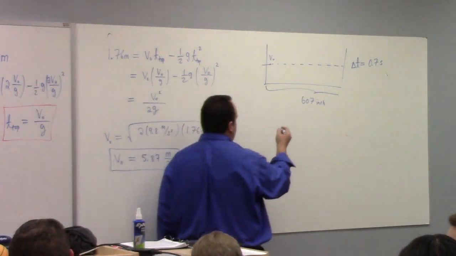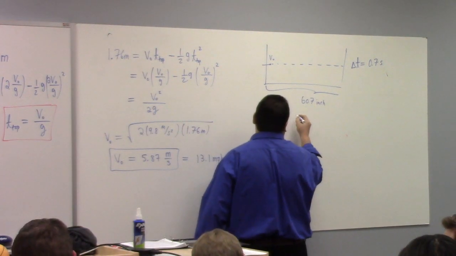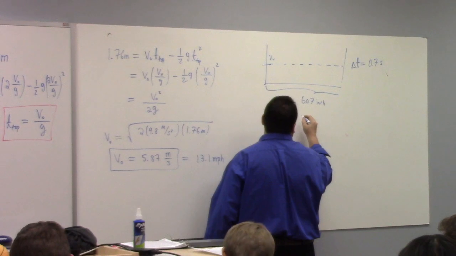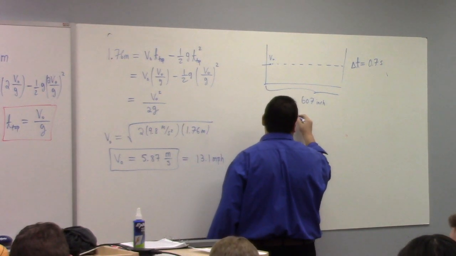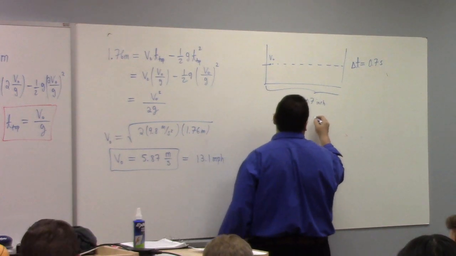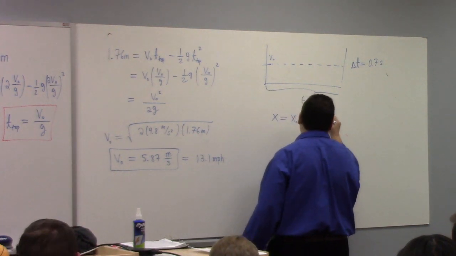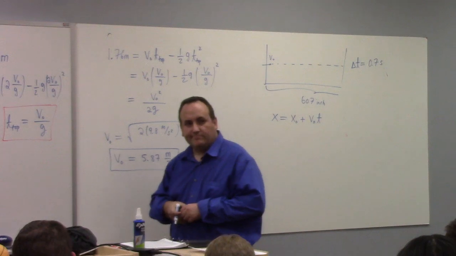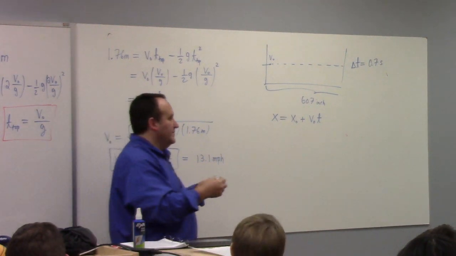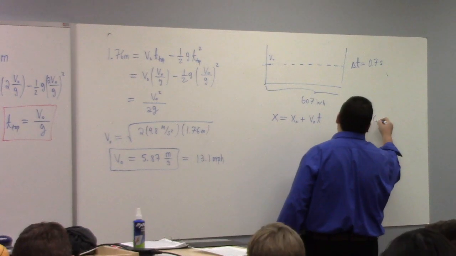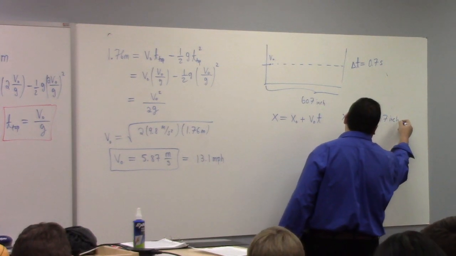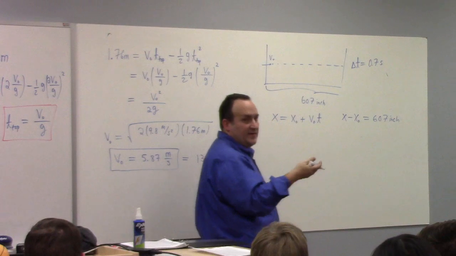So I can say x equals x naught plus v naught t, yeah? What we know is that x minus x naught is 607 inches, if we're talking about the time to the back of the room.